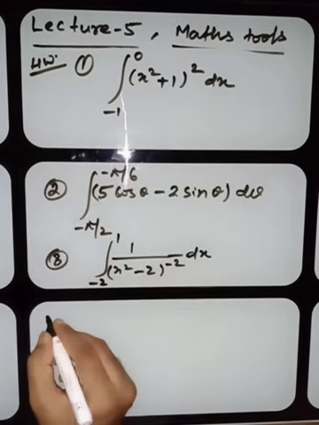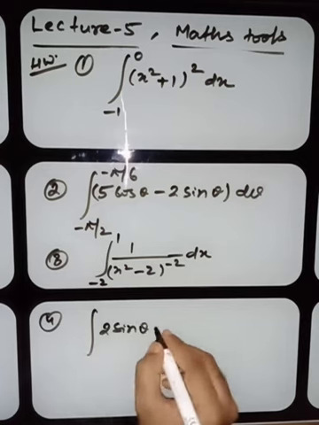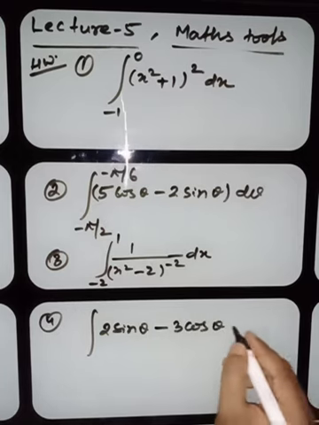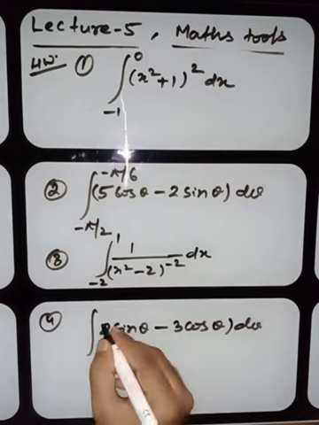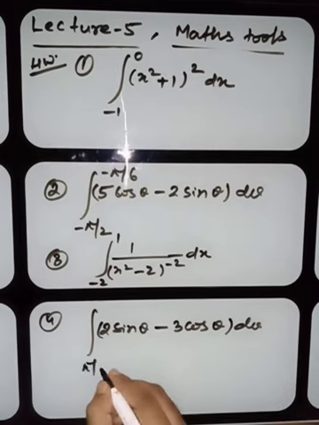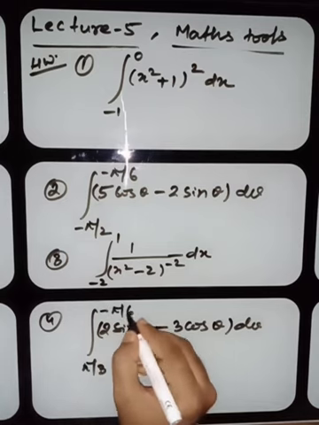Alright. Fourth one: 2 sine theta minus 3 cos theta d theta, and the integration is from pi by 3 to minus pi by 6.